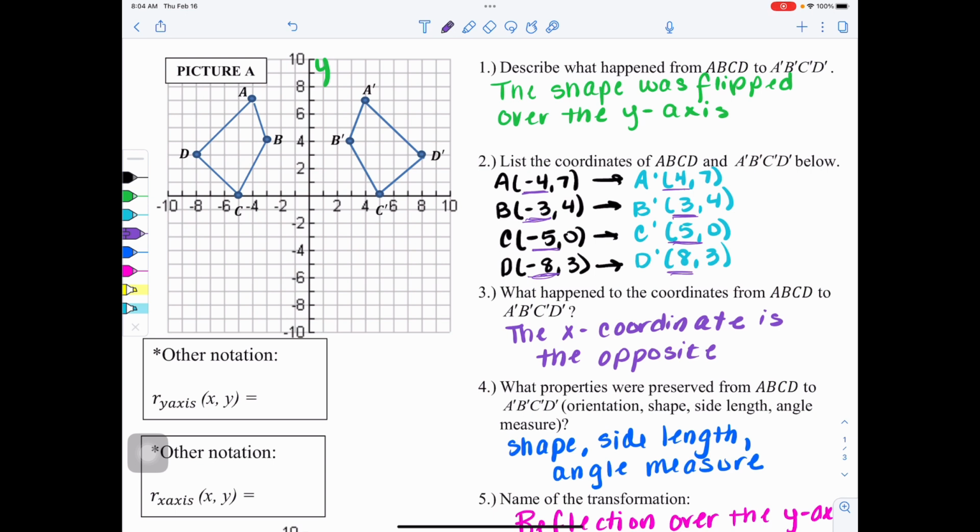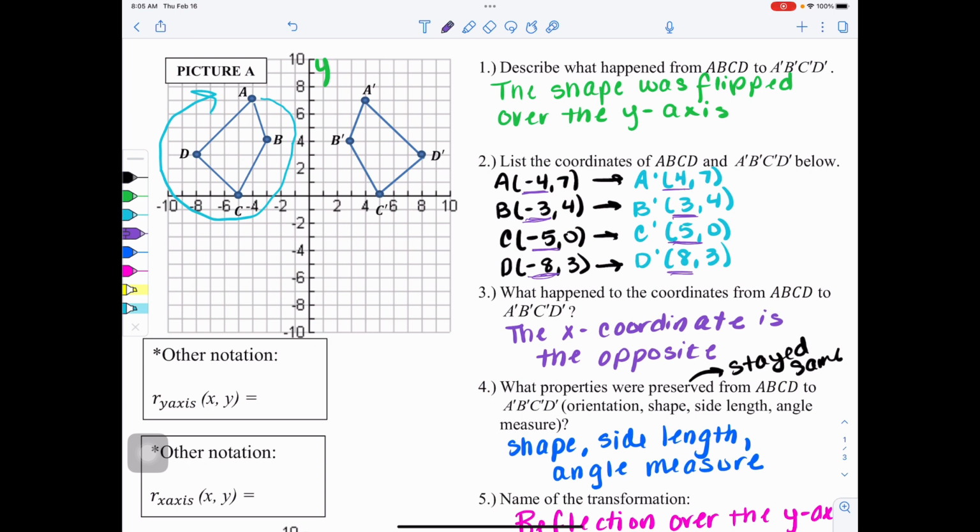So properties that were preserved. Remember that preserved means that it stayed the same. So I want to know what stayed the same from the beginning shape, A, B, C, D, to the second shape, A prime, B prime, C prime, D prime. So if you recall, orientation is the order of the points. So if I look at my original picture, A, B, C, D, is labeled in a clockwise order.